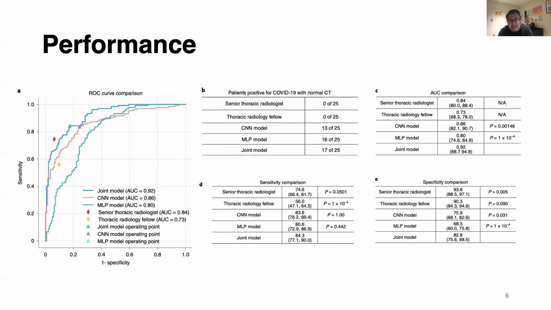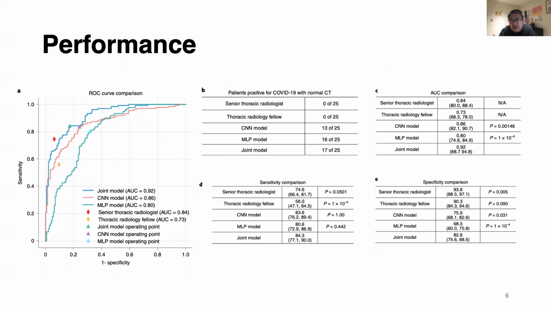And table B is a comparison of success rates of diagnosing patients who are positive for COVID-19 with normal CT scans. Radiologists were provided with both CT imaging and clinical information in making their diagnosis. Tables C to E show the comparisons of AUCs, sensitivities and specificities achieved by the AI models and radiologists.